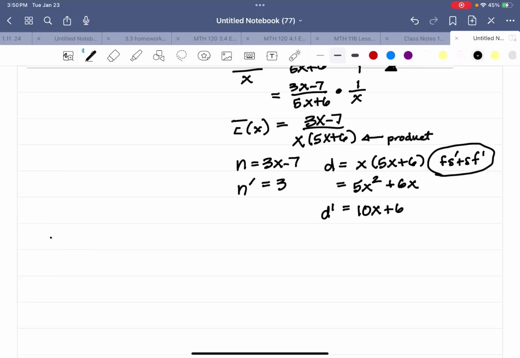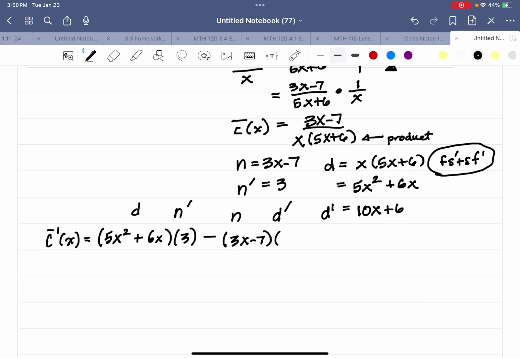So our C bar prime of x is our denominator, 5x squared plus 6x. Now we need the derivative of the numerator, which is 3, minus our numerator, 3x minus 7, times the derivative of the denominator, 10x plus 6.